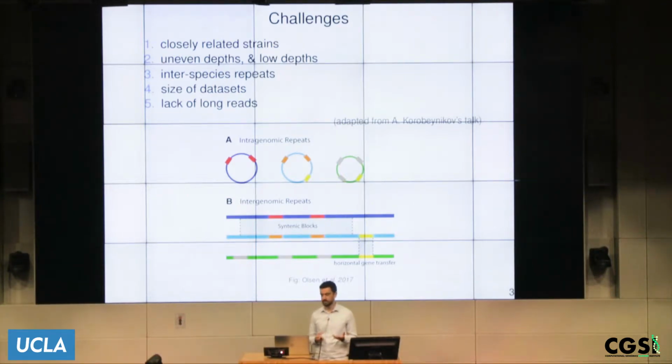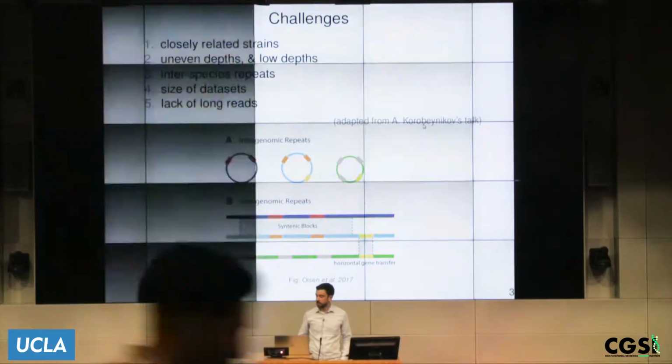The size of the data set is typically much larger than genome data sets, and there is also the lack of long reads. Typically it should be possible to sequence using long reads or long-range information, but the data is not very standard yet, so there's mostly Illumina sequencing for metagenomes. All of these have been adapted from a talk from Anton Korobeynikov, and oops, it's going to come back in a second, hopefully.